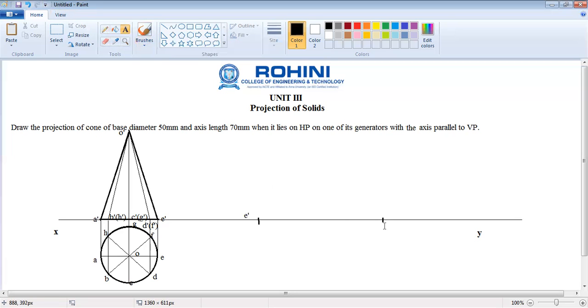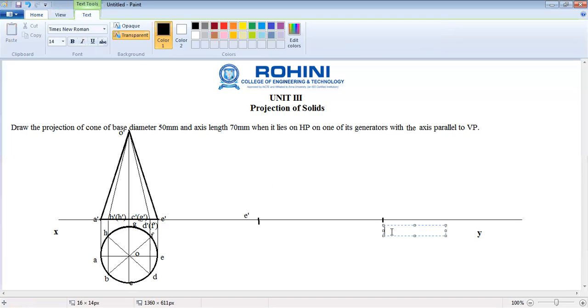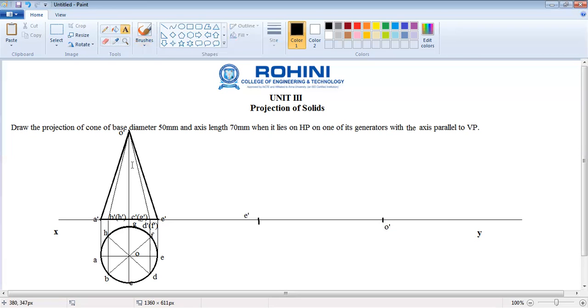So the generator OE is lying on HP. This is the position they have given. For finishing this triangle, we have to measure E and A, O and A, and mark the point here.